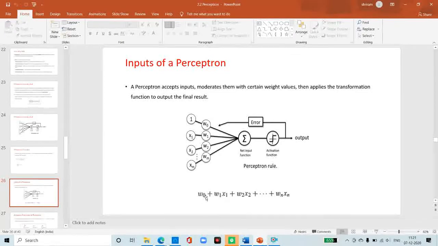So the answer is w0 plus the sum of the products of all the weights and inputs: w0 plus w1 x1 plus w2 x2 up to wm xn. So this is the input of a perceptron.